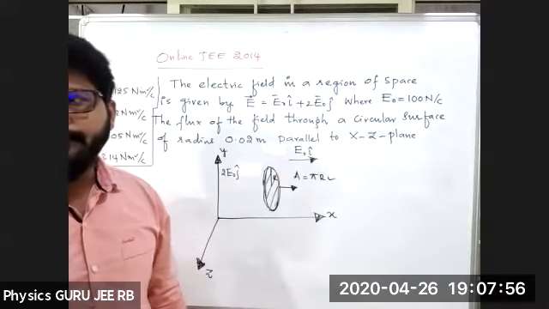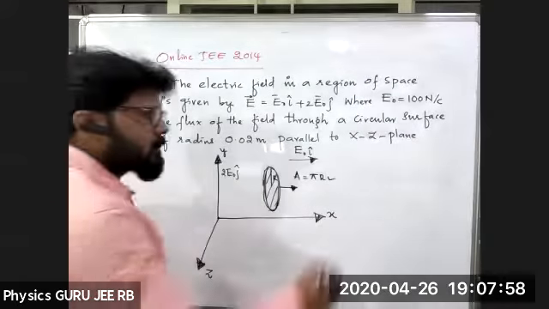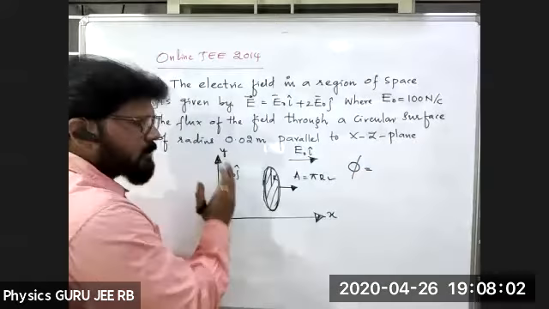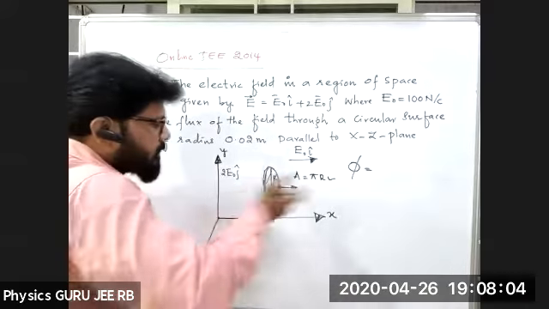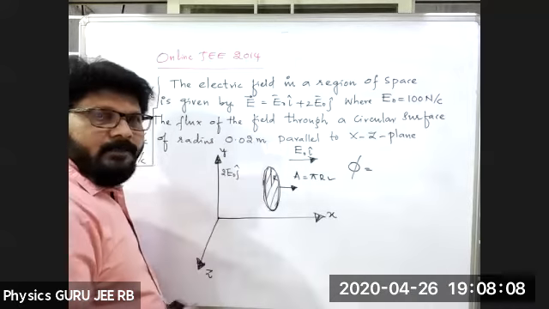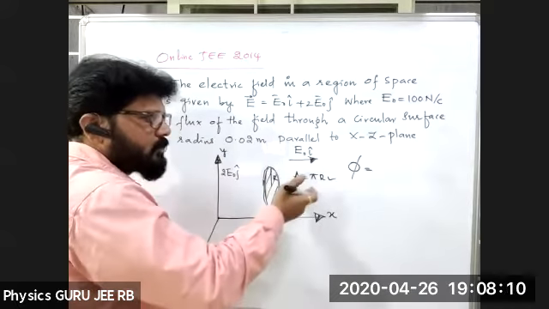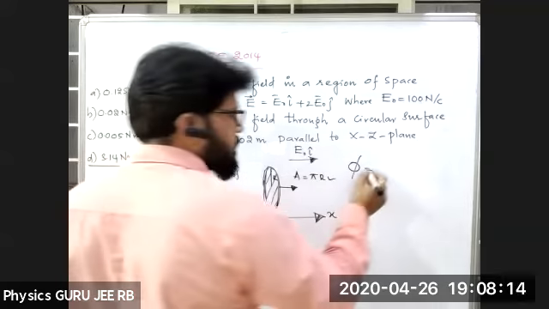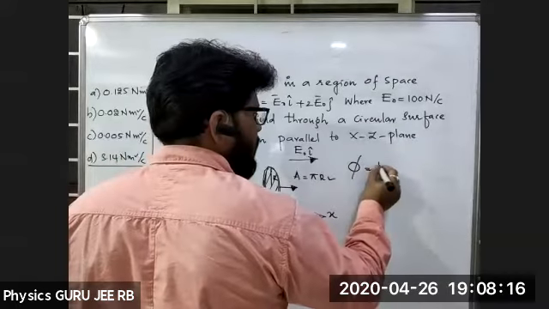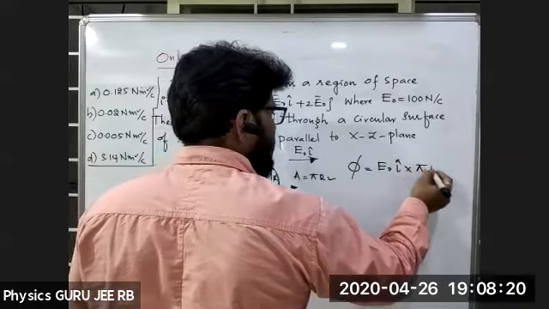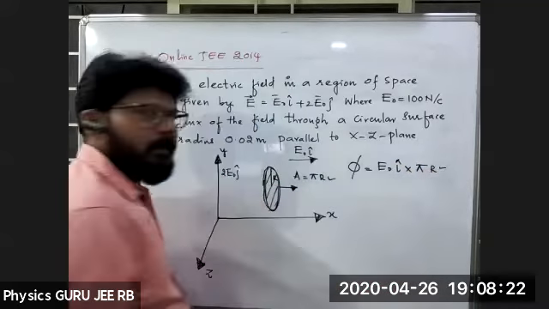Flux linked with it, because in the j direction the flux will be 0, since area and electric field are perpendicular. So this is the direction in which both are in the same direction, theta is equal to 0. Now flux can be written as E naught i cap into pi r square.